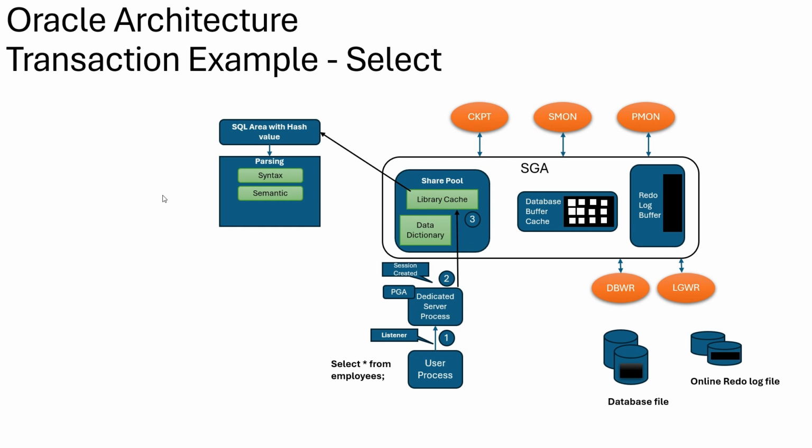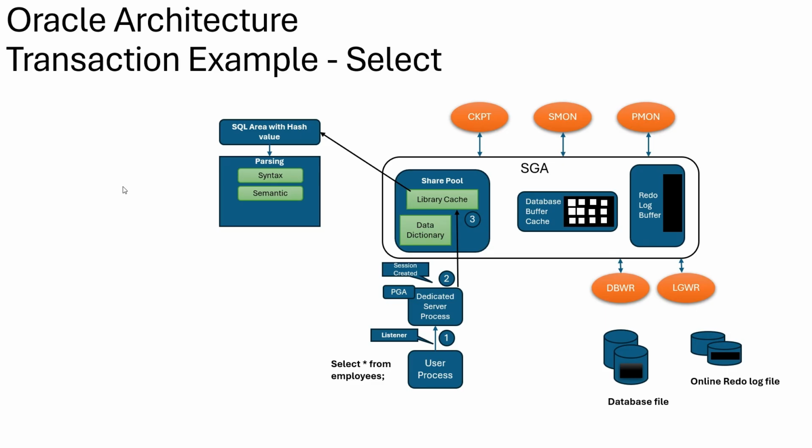If it is available, it goes to the next step. If it is not available, it goes back to the user and says that the object does not exist, or you don't have the privilege. The process ends here, either at the syntax check or the semantic check. If the query fails this check, it immediately goes to the user process and says there's a query error.